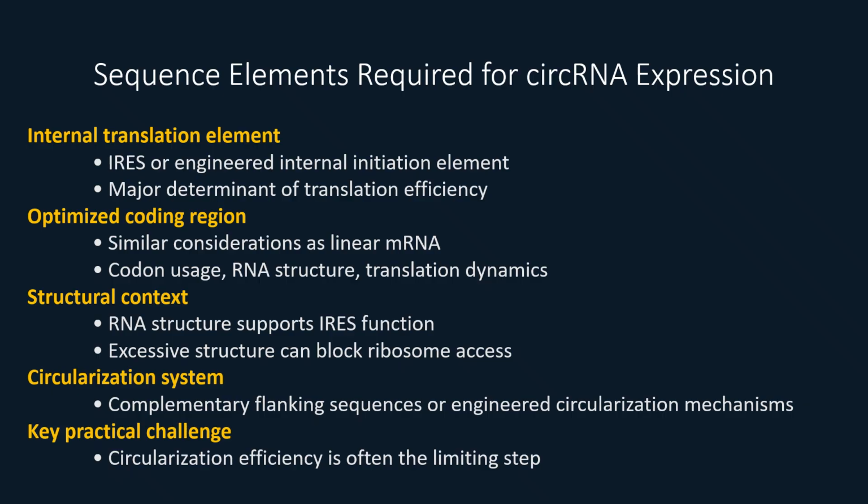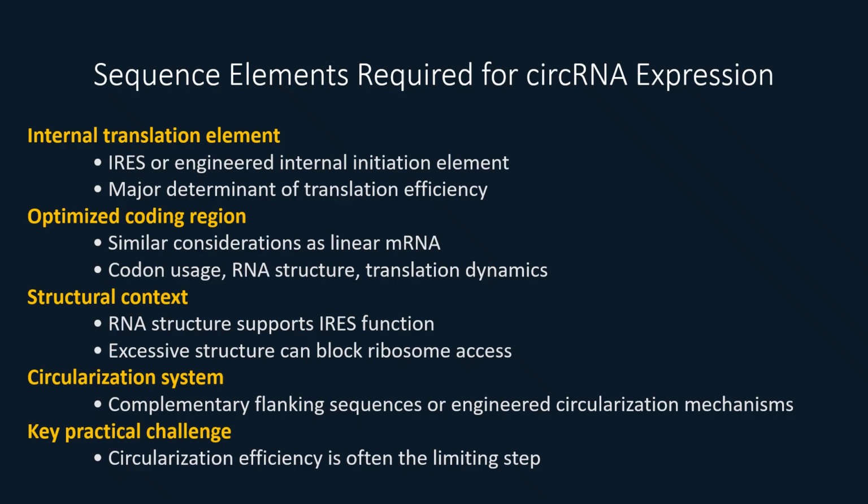Once we move to circular RNA, the sequence design requirements change as well. So first one is an internal translation element, typically an IRES. The choice of IRES is a major determinant of translation efficiency. Next, the coding region. Optimization follows similar principles to linear mRNA: codon usage, translation kinetics, RNA folding, those things.